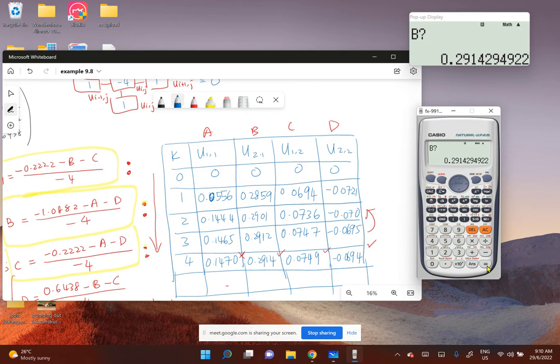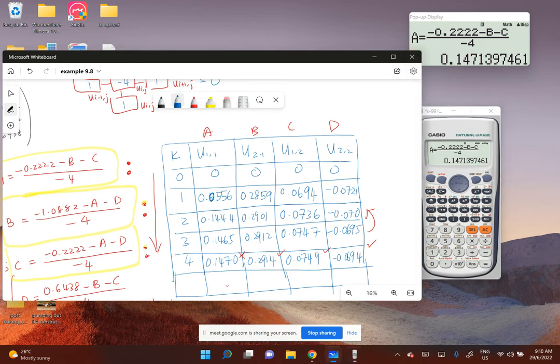Okay, so press equal to, and now A is 0.1471. The difference is only 0.0001. This one is 0.2915.